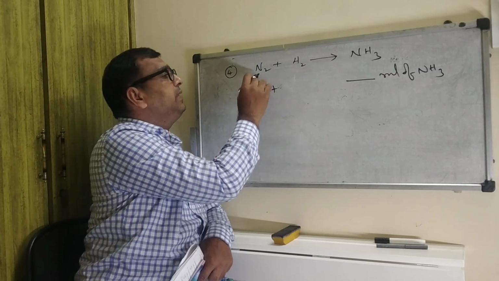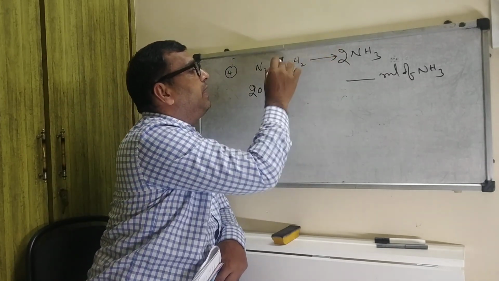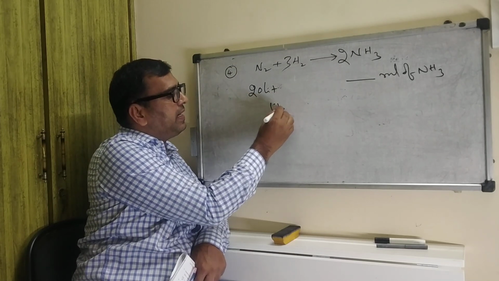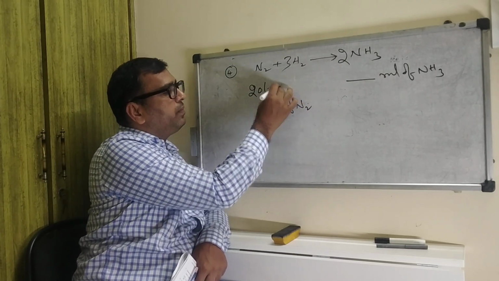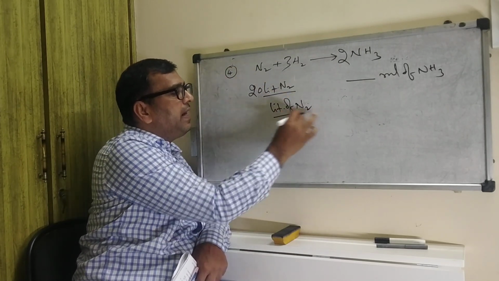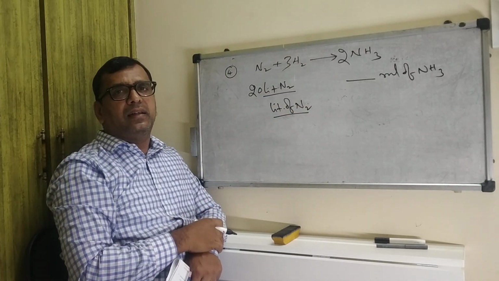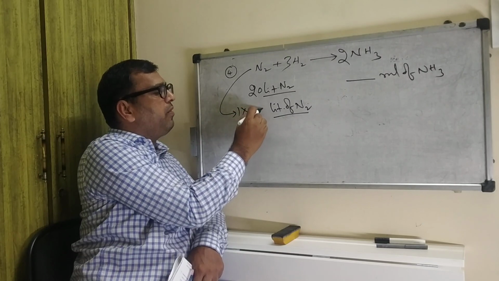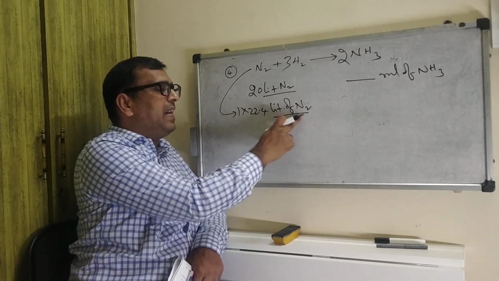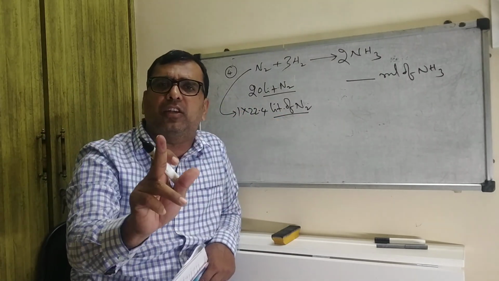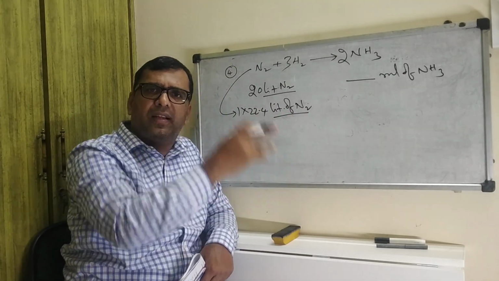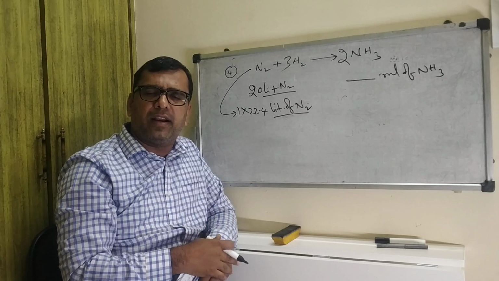First you balance this reaction, 1 mole, 2 moles, then it is balanced. The given information is in liters of N2, so by liter balancing you take 1 into 22.4 liters. Why? At standard temperature and pressure, any gas occupies 22.4 liters, whether it is nitrogen, hydrogen, carbon dioxide or nitrogen dioxide.